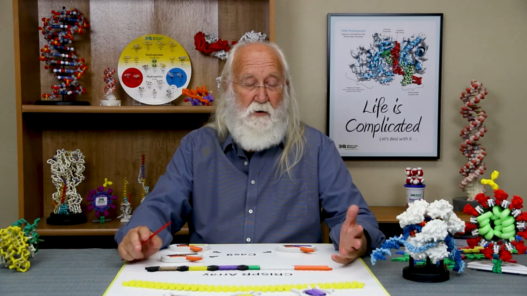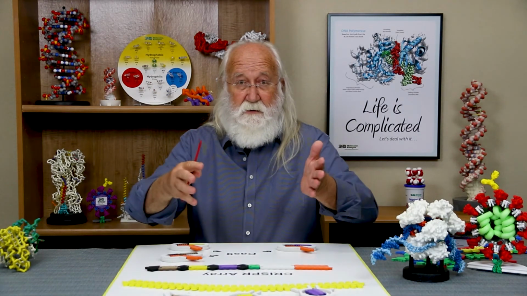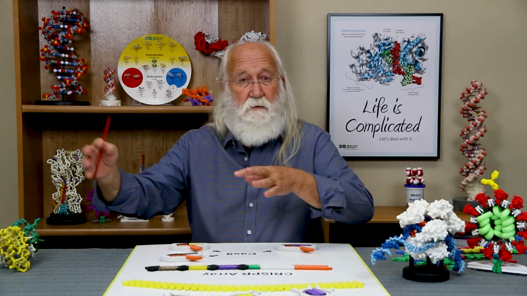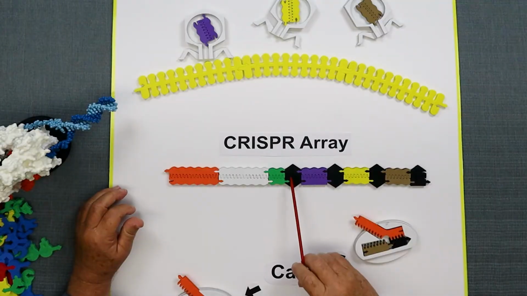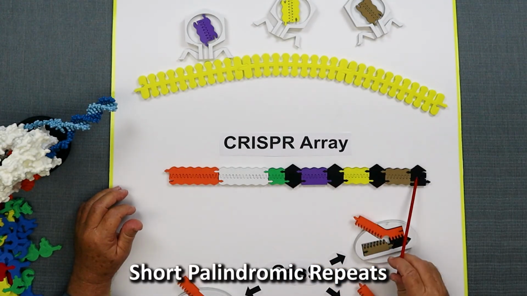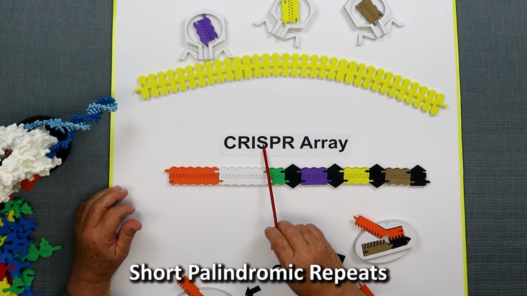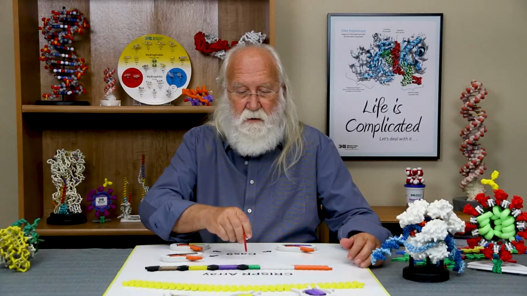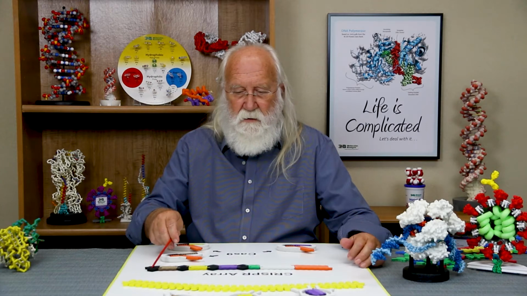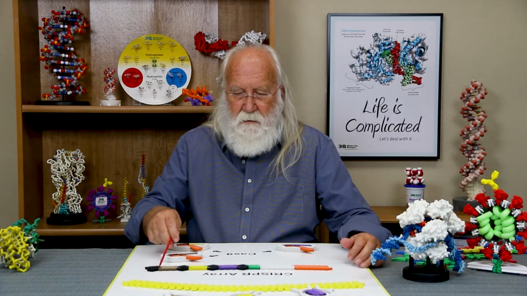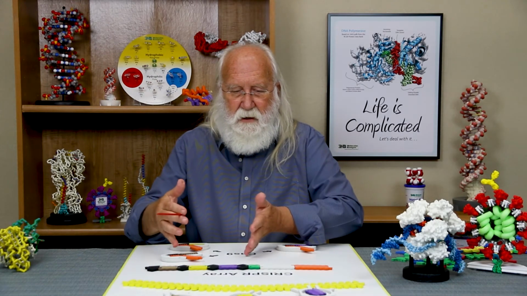This is what that Japanese group discovered and reported in the sequence that was just downstream from an E. coli gene that they were sequencing. What they reported were some short palindromic repeats. See right here, short palindromic repeats. They noticed these sequences, which were about 30 nucleotides long, and they were clustered together.